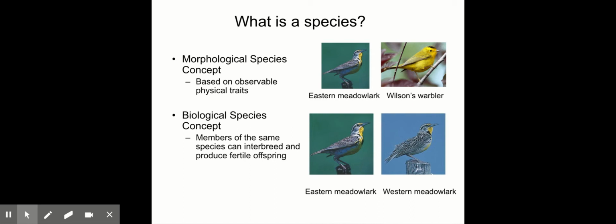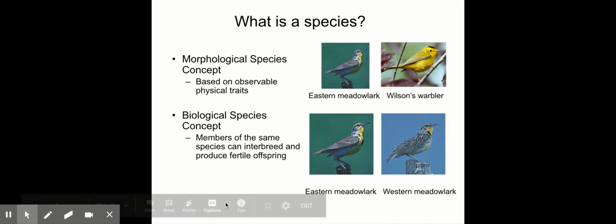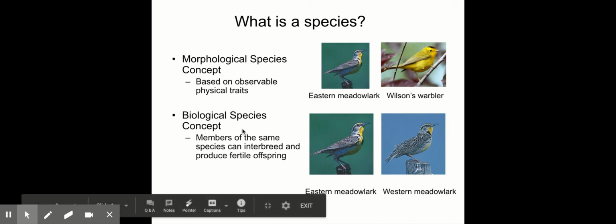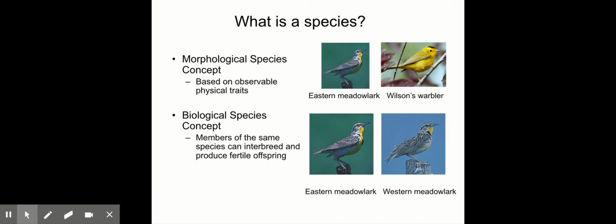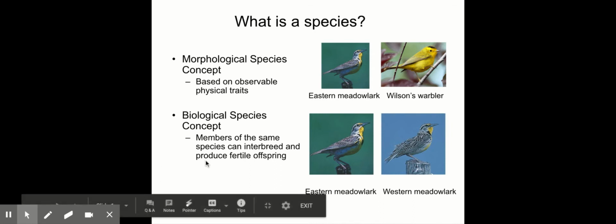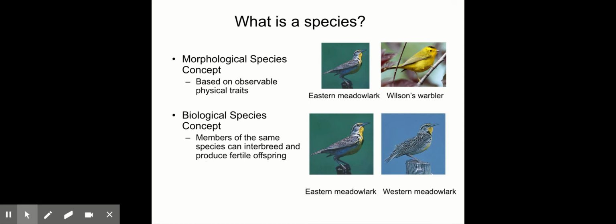But biologists, by and large, use a different way of distinguishing between species, and that's what's called the biological species concept. So the biological species concept is the most widely applied tool for determining species. And this one says that members of the same species can interbreed and produce fertile offspring.